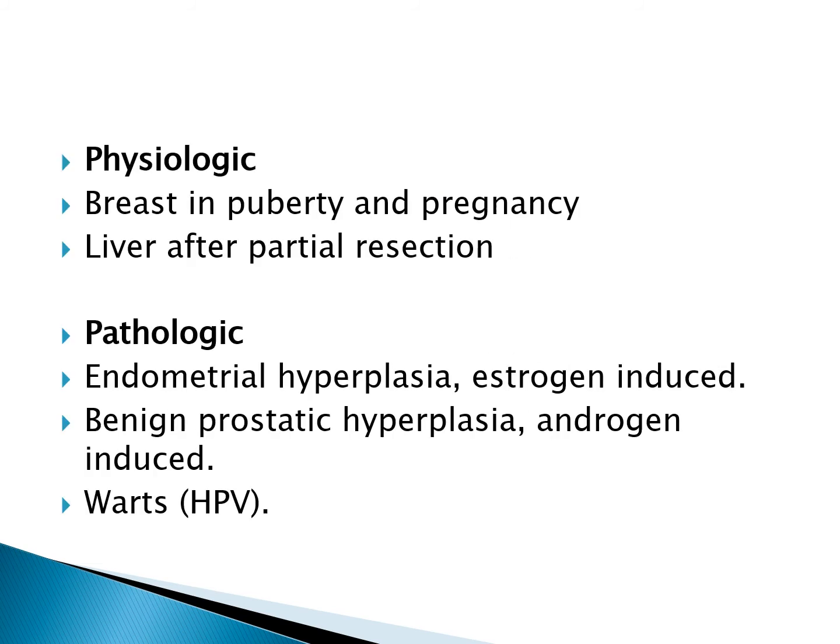As examples of physiologic and pathologic hyperplasia, the physiologic one is hyperplasia of the breast glandular tissue during puberty and during pregnancy, in preparation for lactation. And compensatory hyperplasia of the liver after partial resection of the liver.